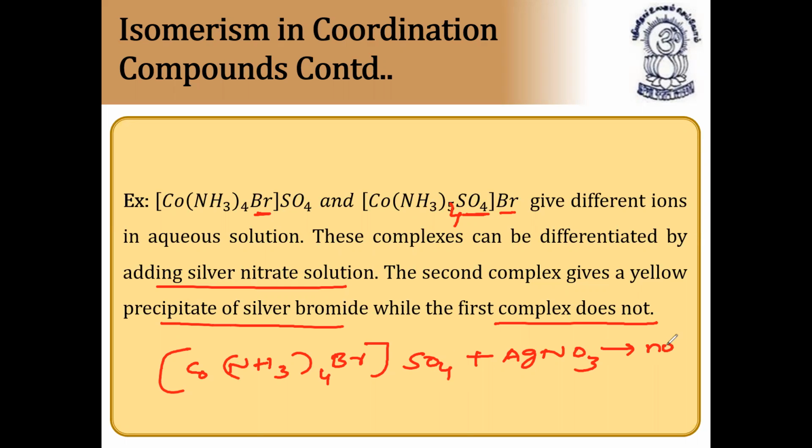Whereas for the second one, which has the same formula but a different arrangement of atoms, the sulfate ion is inside the coordination entity and bromine is outside, so it will give the precipitate because bromine forms silver bromide.